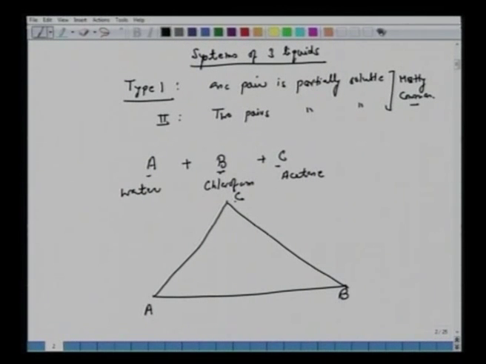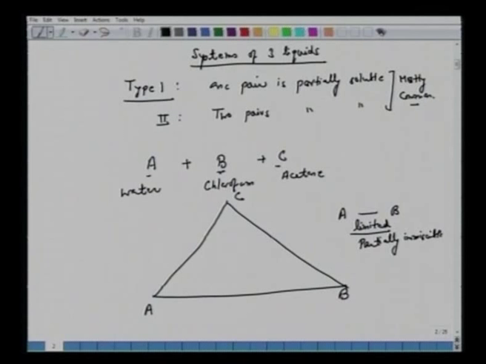So now let's assume that A and B, water and chloroform, have limited solubility, or they are partially immiscible. Now everything is relative here.